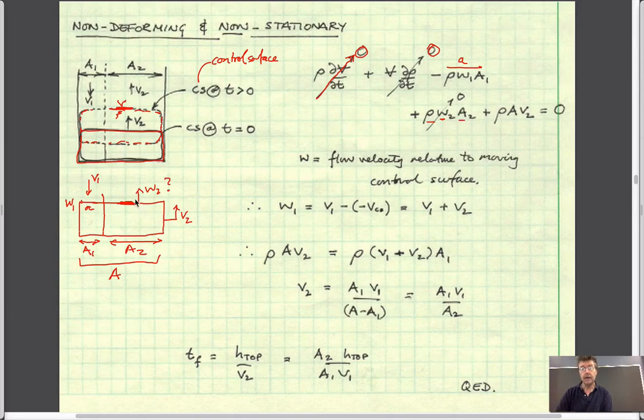We need to know the relative velocity of this surface relative to the water. We've said we've pegged it to the top of the fluid surface, and so by definition, this has to be 0. We don't know whether it's plus or minus, but it doesn't matter in this particular case because it's 0. Right? There's no net magnitude. It doesn't matter if it's 0, obviously.